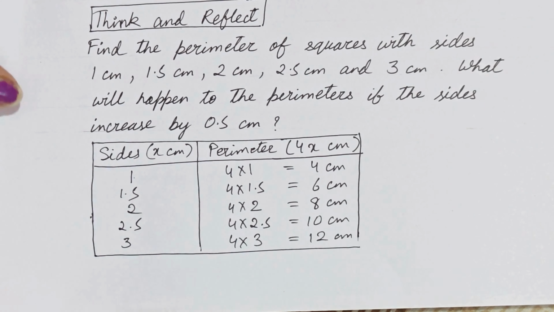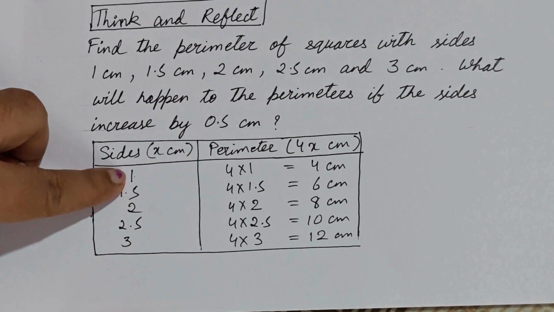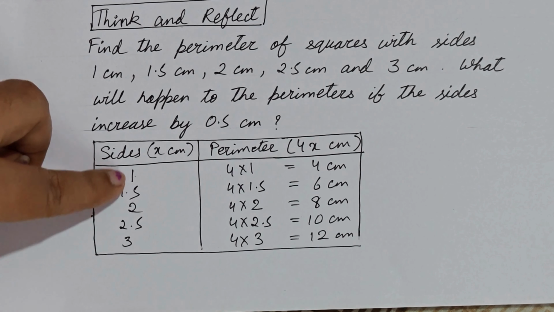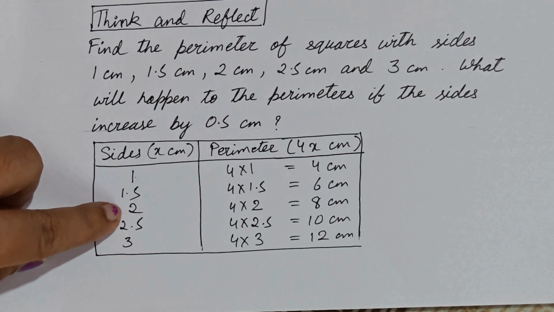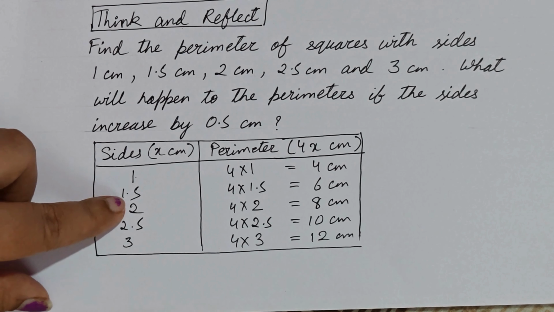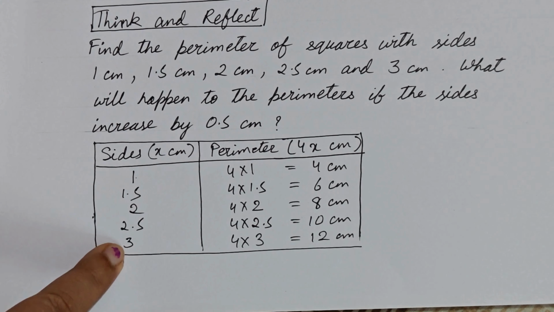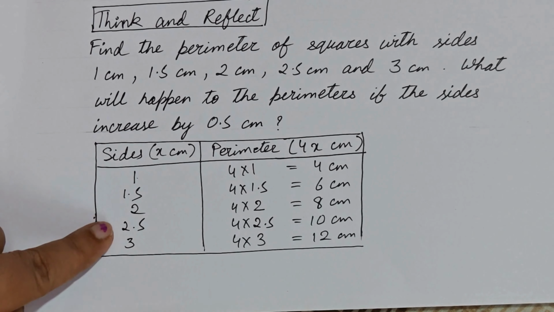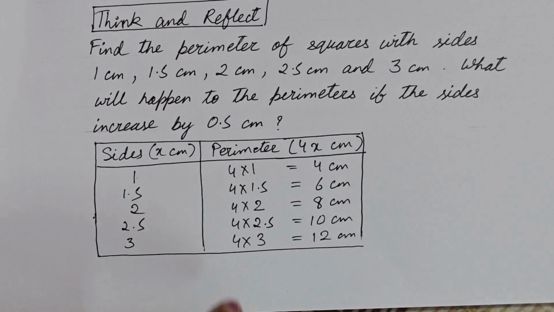Now see very clearly, the side is increasing from 1 to 1.5, that means 0.5, right? Again 1.5 to 2, again 0.5. Again the side is increasing by 0.5. So this is the pattern here, that the side is increasing by 0.5 centimeter.